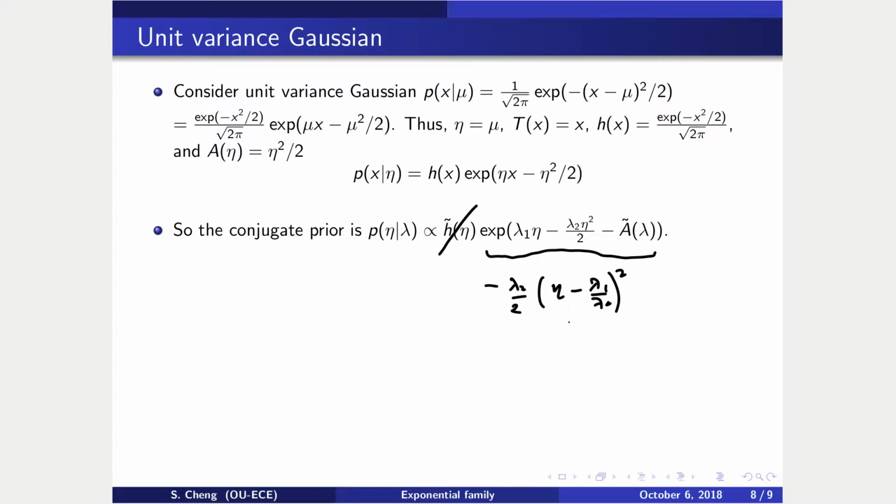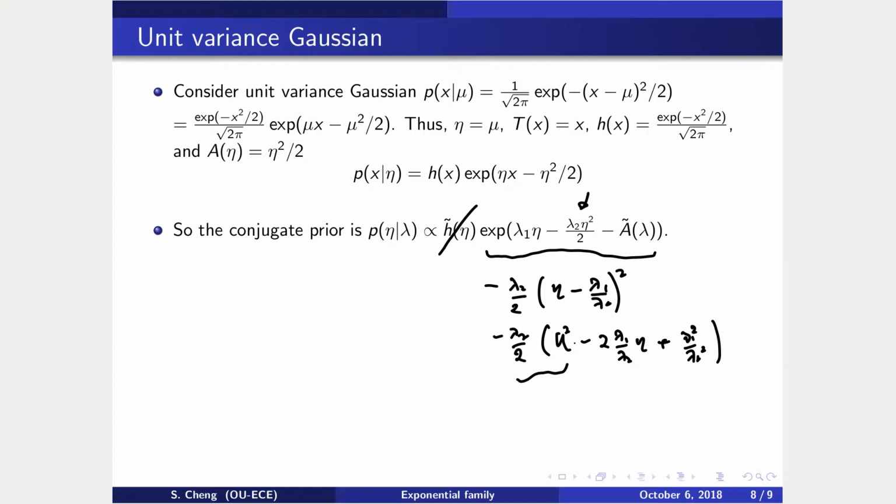As you can see, if I expand this, I will have eta squared minus 2 lambda 1 over lambda 2 eta plus lambda 1 squared over lambda 2 squared. The last term I don't really care about because it doesn't depend on eta, but for the first two terms, if I multiply by lambda 2 over 2, this gives me back this term here.